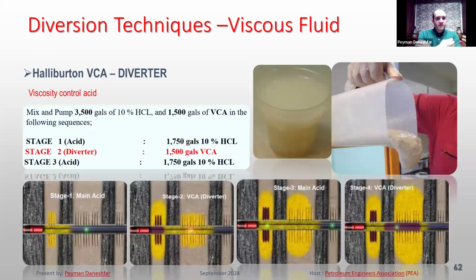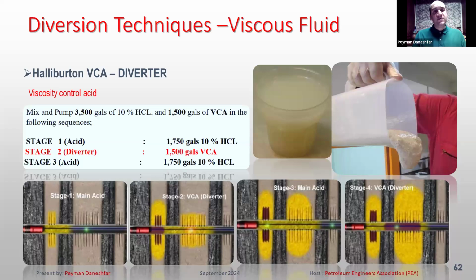Another type of diversion we have is VCA, viscosity control acid, one of the viscous fluids that we use in our diverting. VCA is polymer based.